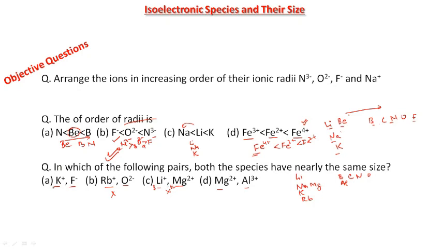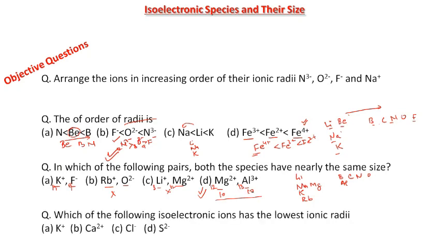Now we have 19 and 9, so again a big difference. Here we have 12 and 13, so almost the same atomic number and both are isoelectronic species. Therefore this is the correct option. These two have the nearest sizes.